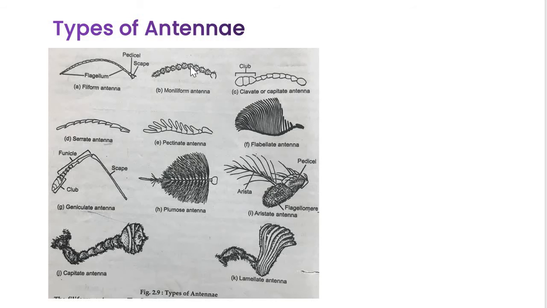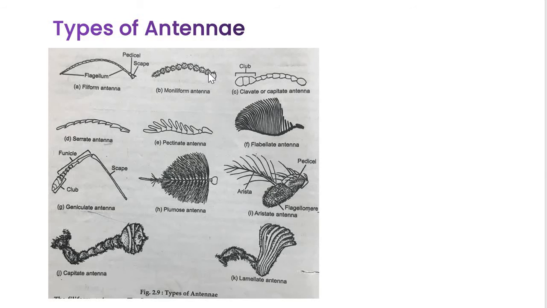Here all the segments are in beaded form, like a necklace. And the common example of such an antenna is in insects such as termites. In termites, such a kind of moniliform antenna is present.